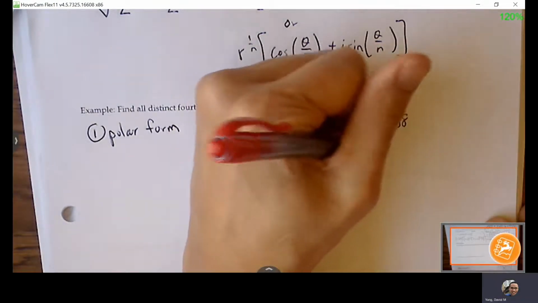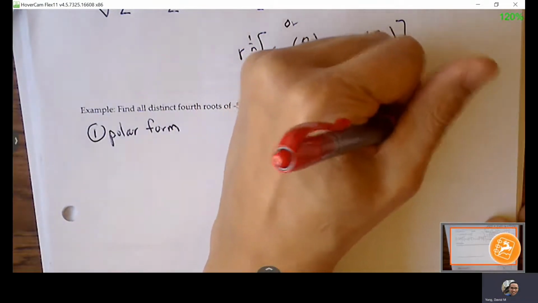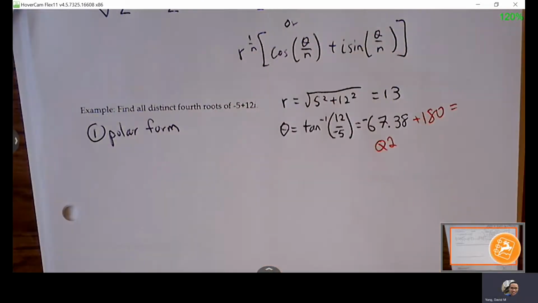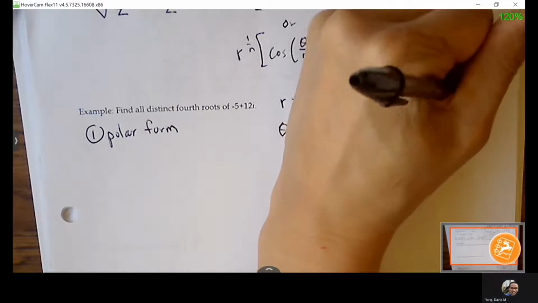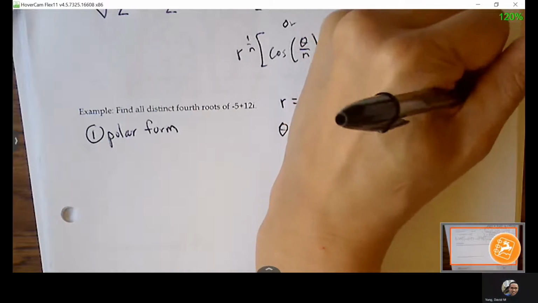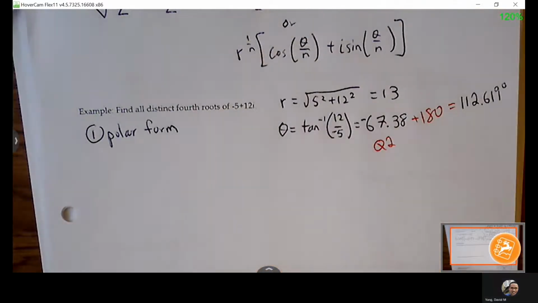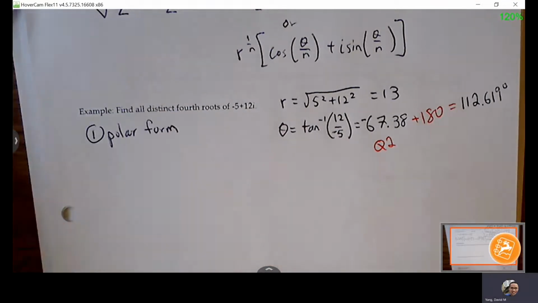Second quadrant, so we need to add 180. Okay, let's get into polar form.